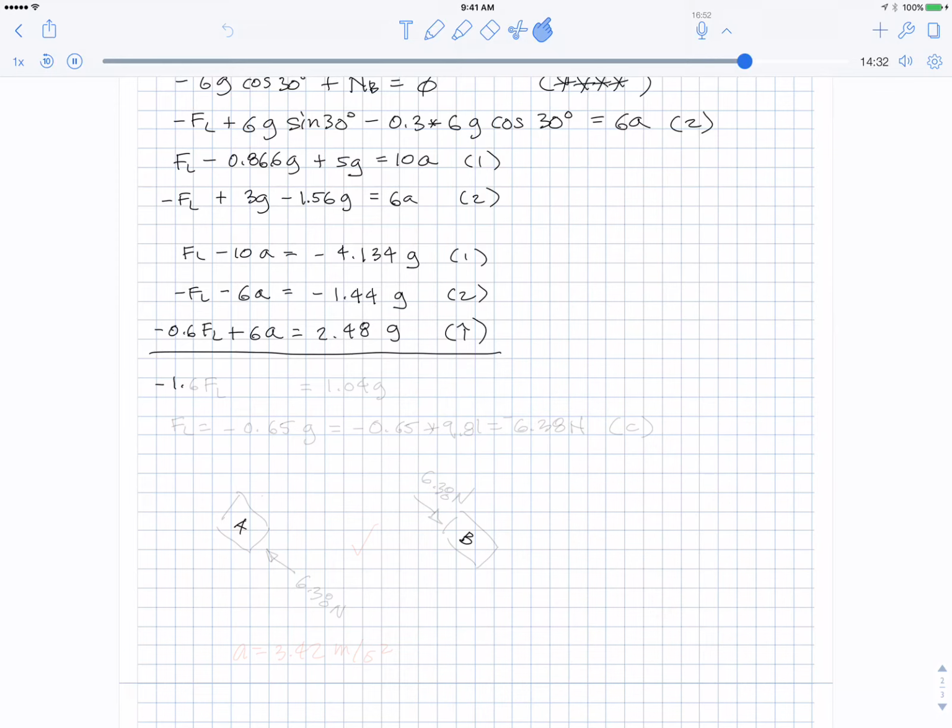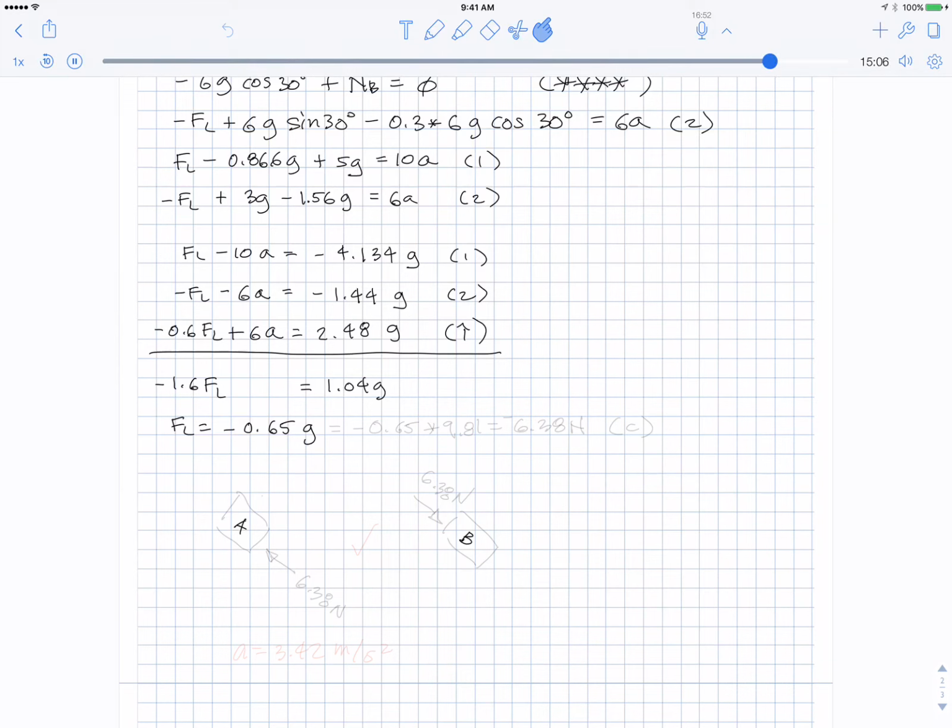Minus 1.6 force in the link equals minus 1.04G, and the force in the link is minus 0.65G, meaning the negative sign means I guessed the direction wrong.